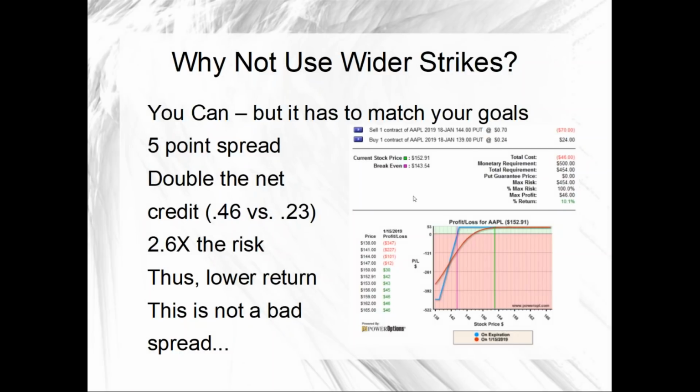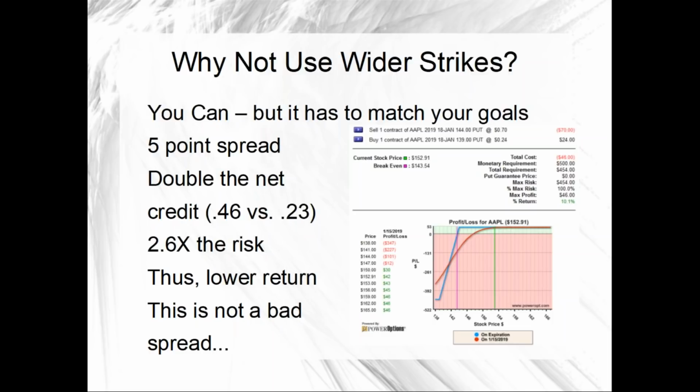Okay, so a lot of times I feel that going to a 5-point spread or a 10-point spread might not be worth it. On a side note, I have investors I've talked to recently who have had positions on Tesla with 40-point spreads to try to get a $2 net credit with an out-of-the-money put, maybe selling a 305 and buying a 265 further out in time.